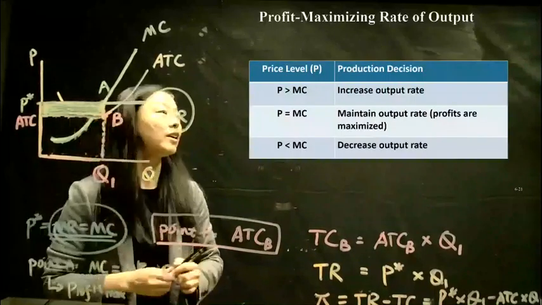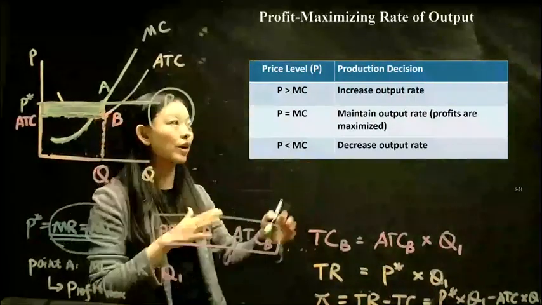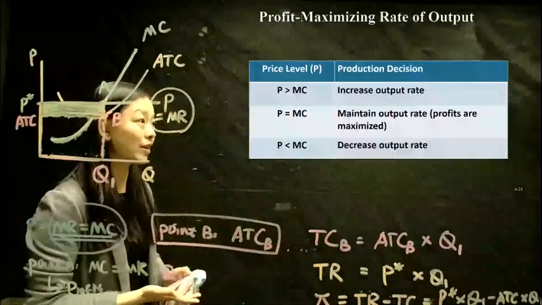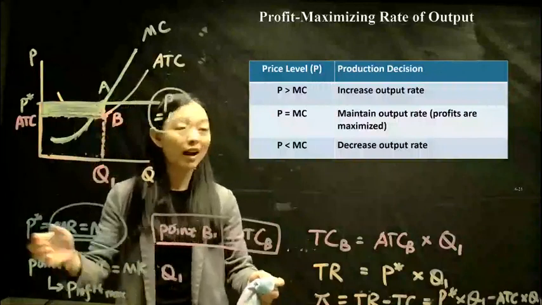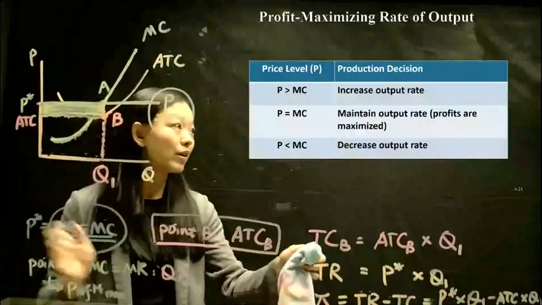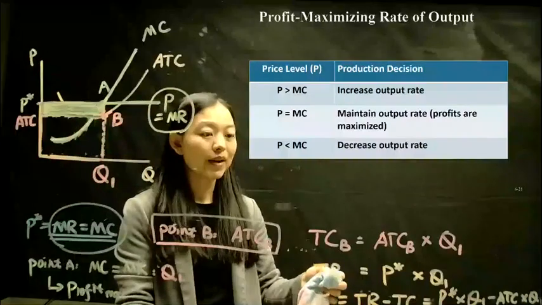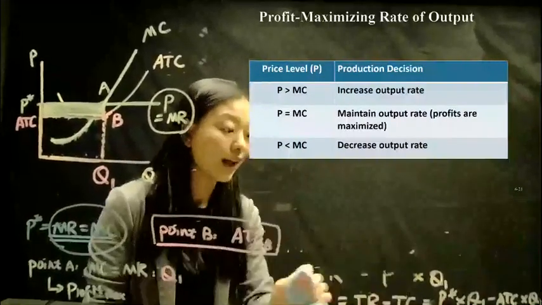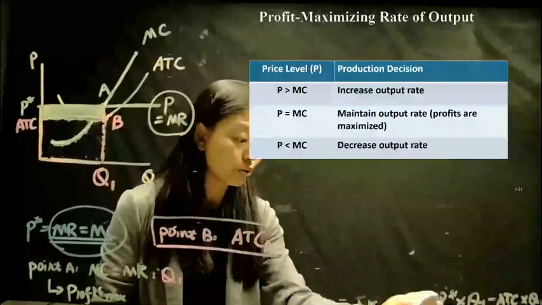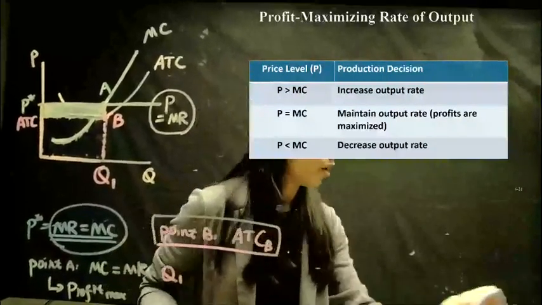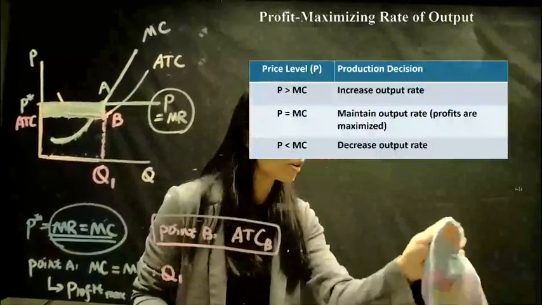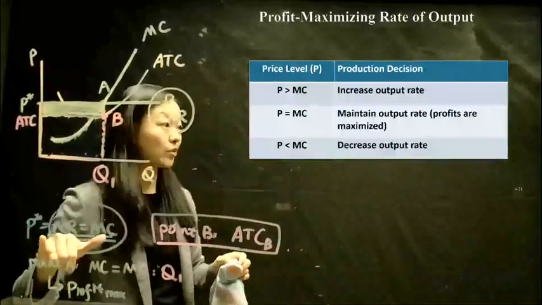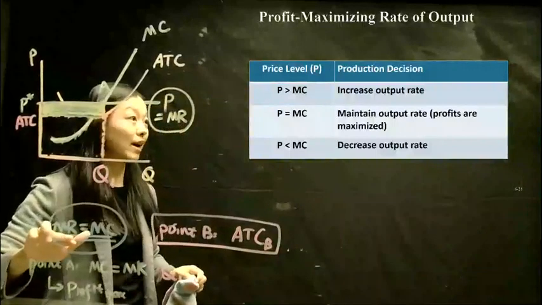So here is just a table that summarizes how firms can choose their outputs to maximize profit. When the price is larger than marginal cost, firms can continue to produce until marginal revenue equals marginal cost. Price will equal marginal revenue, right?